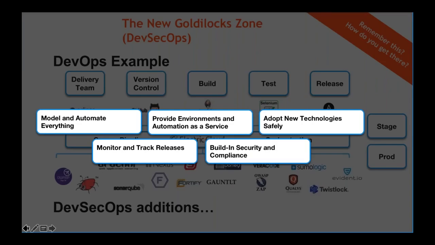So model and automate everything. Get everything that is involved in your electronic bill of materials, if you will, and make sure that it's coming in under your pipeline, so that you can reliably and repeatably run through that as part of the way that you build, test, qualify, release, deploy, and patch your software.